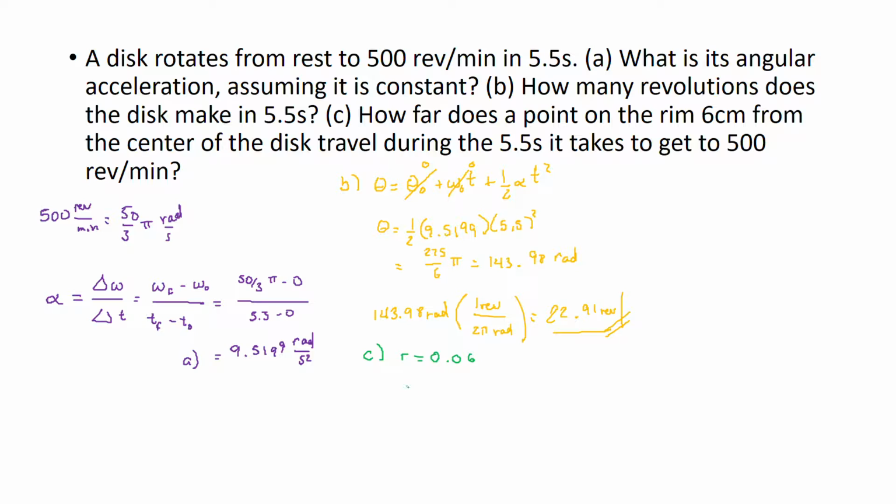The arc length is equal to the radius times the total displacement in theta. We know the radius is 0.06, and we know the angle is 143.98.